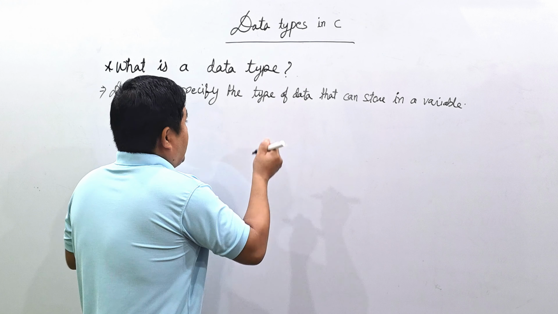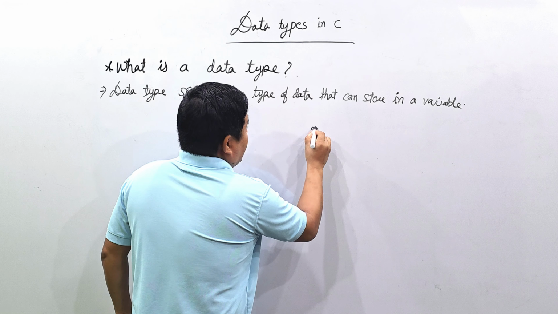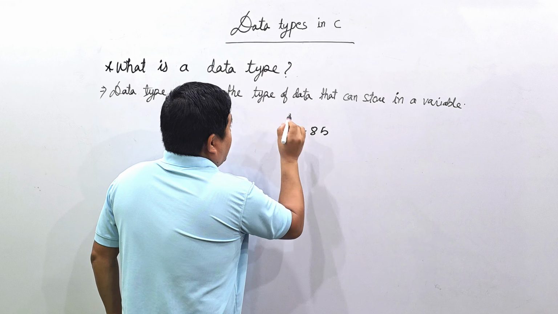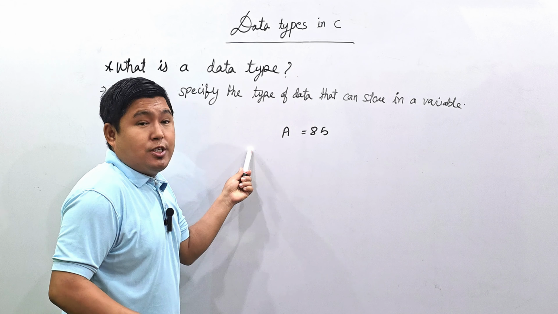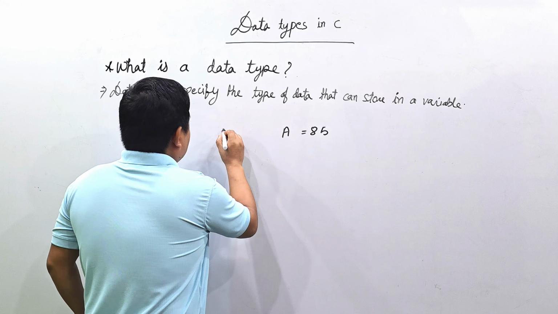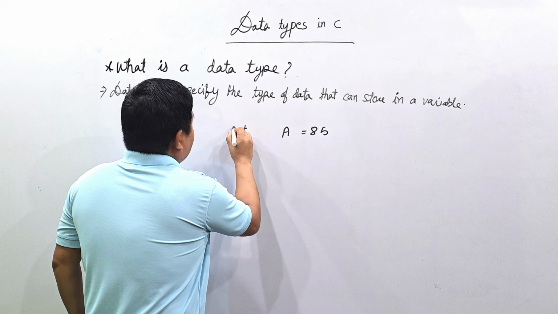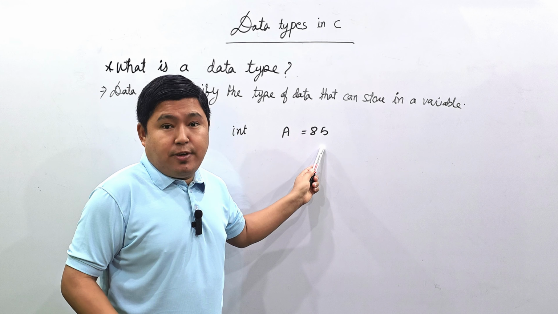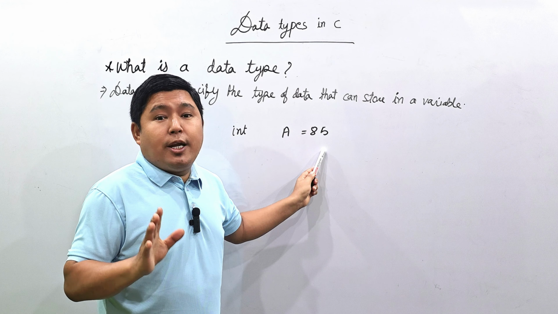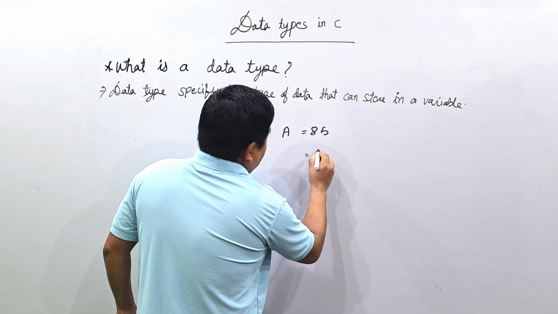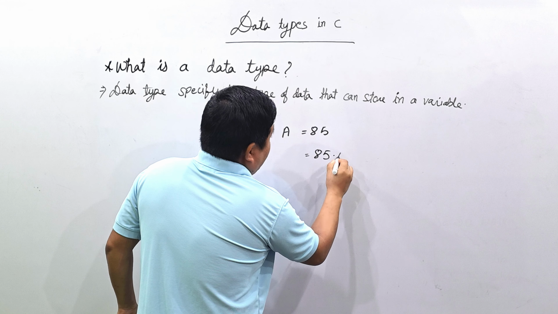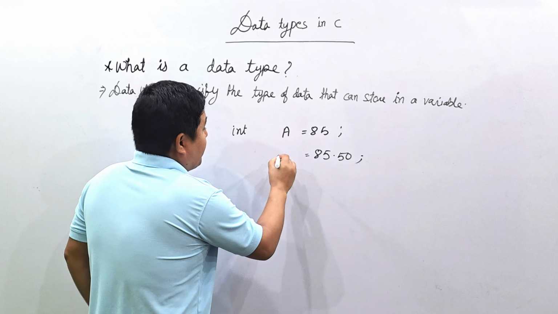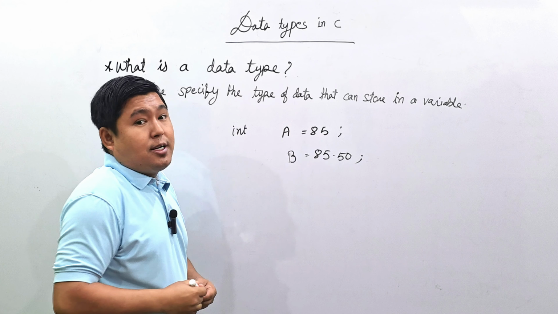Let's suppose we want to store 85 in a variable. So which data type is used here? We use int. So int stores the integer data type. We cannot store a decimal value here, but if you want to store a decimal value like 85.50, in a variable b, then which data type is used?